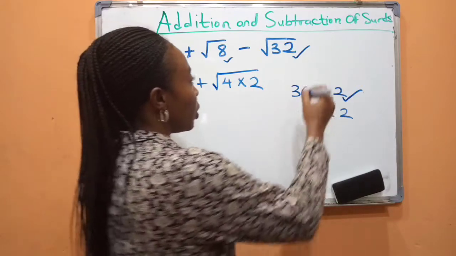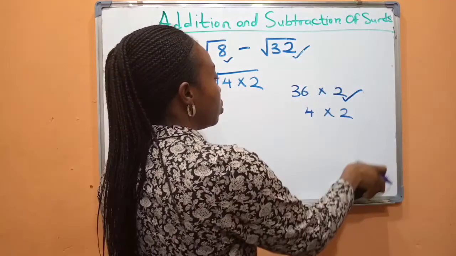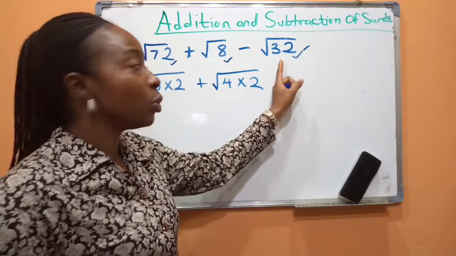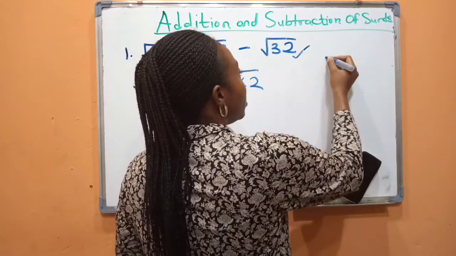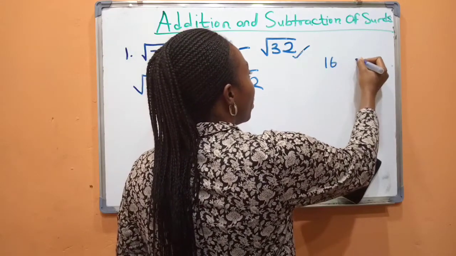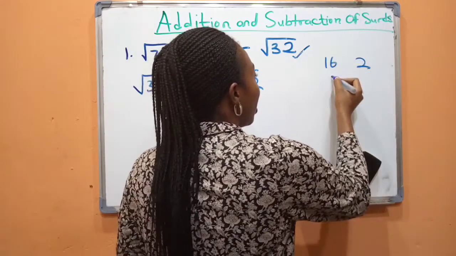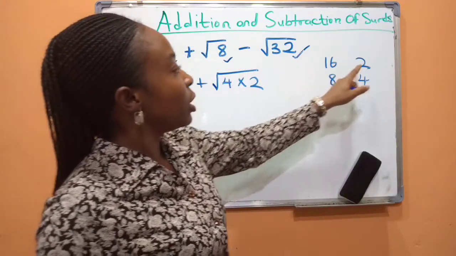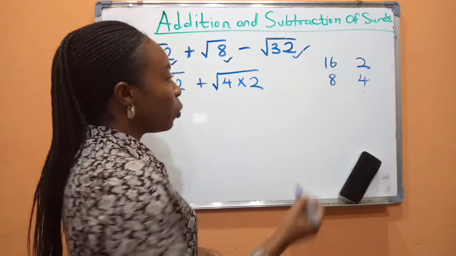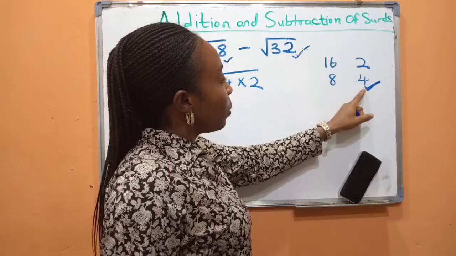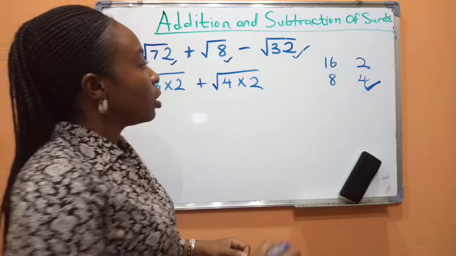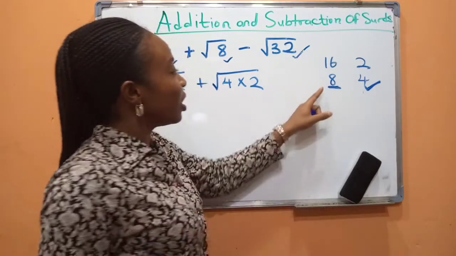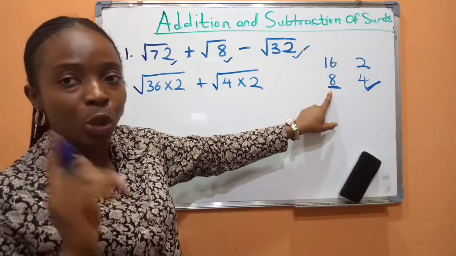So the next one we have is root 32. For 32, we are going to have 16 and we are going to have 2. And we equally have factors like 8 and 4. But we are going to go with 16 and 2 because though 4 is equally a perfect square, if you look at the other number, which is not a perfect square, you can see that it can be further simplified, and we don't want that.